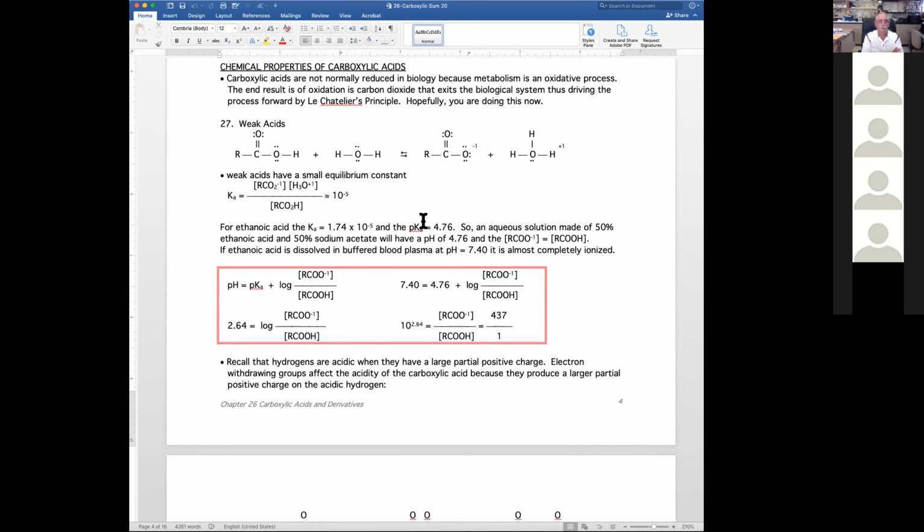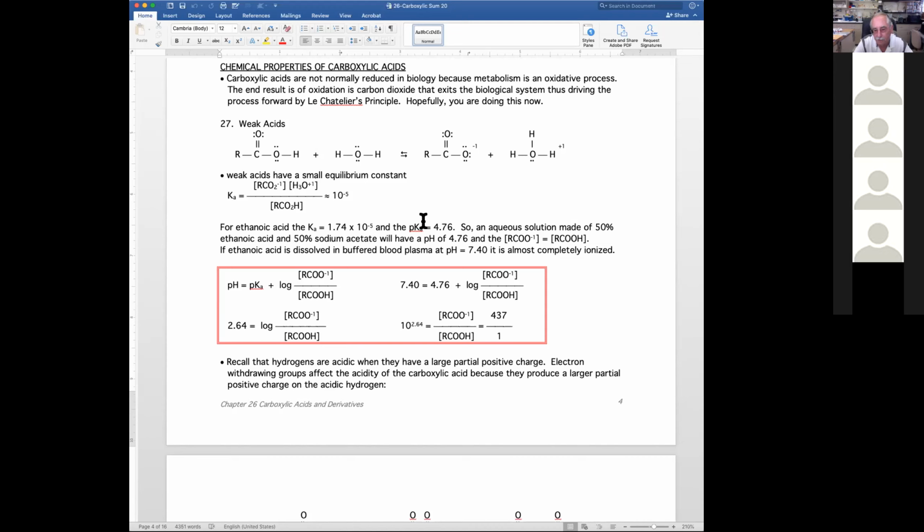Well, we can start on the chemical properties of carboxylic acids. For one, carboxylic acids are not normally reduced in biology. Biology is an oxidative process. That's what you're doing right now. You're taking food that is less oxidized, you're breathing oxygen in, and you are oxidizing carbons. So if you just ate an aldehyde, it's going to be oxidized to a carboxylic acid.